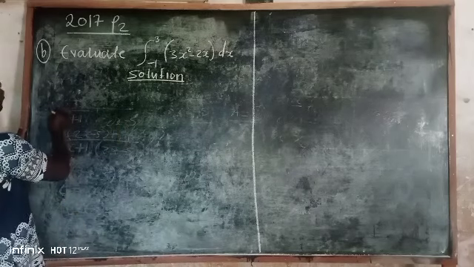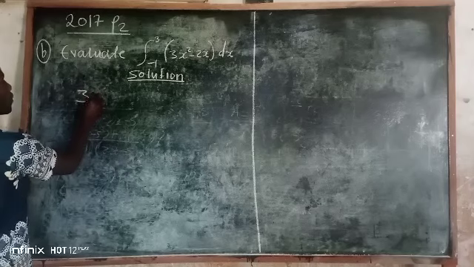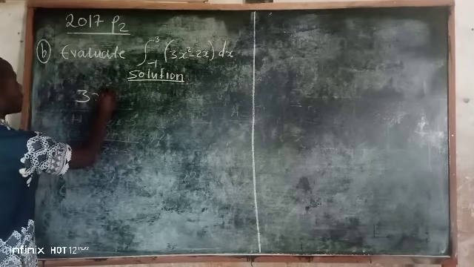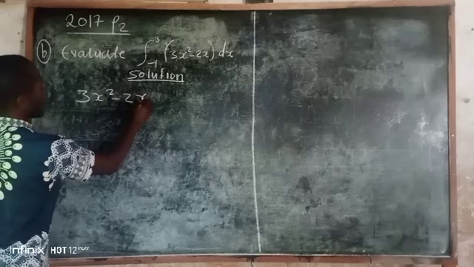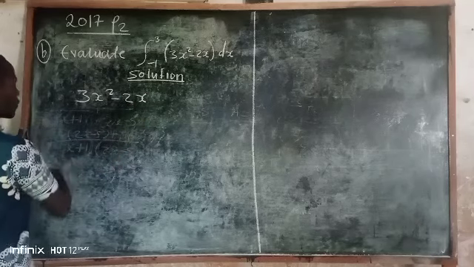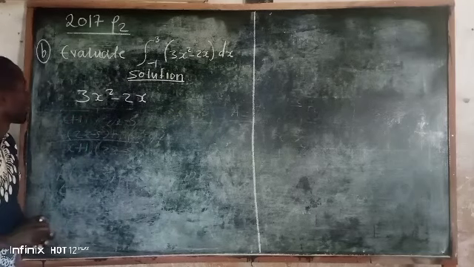So we are going to solve this question like this: 3x squared minus 2x. So how do we integrate?